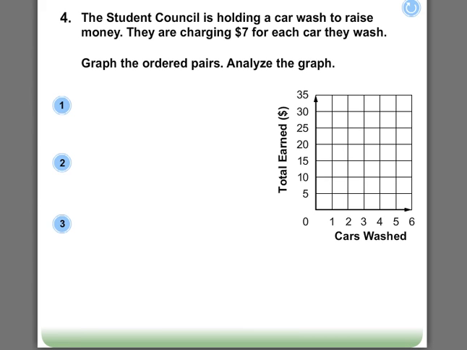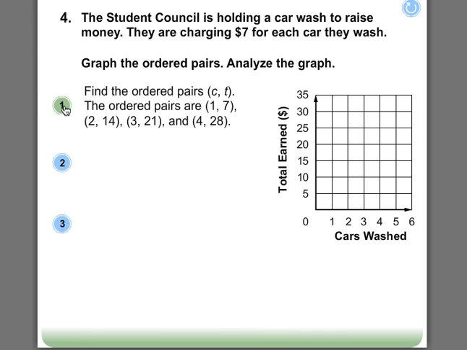The student council is holding a car wash to raise money. They are charging $7 for each car they wash. So we're going to graph the ordered pairs. Yes, we just did this on the previous screen, and we're going to use that same information to help us graph the ordered pairs. So you're going to find the ordered pairs of C and T. C being the number of cars and T being the total amount of money that we made.